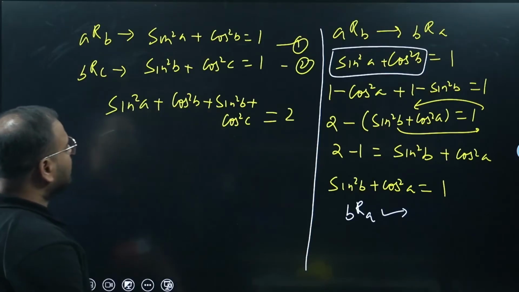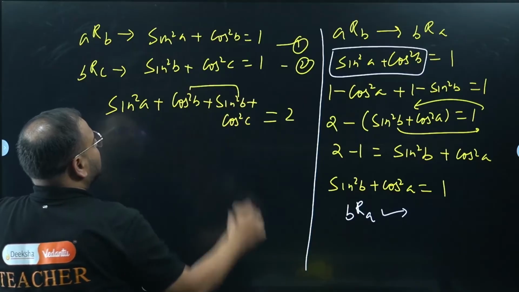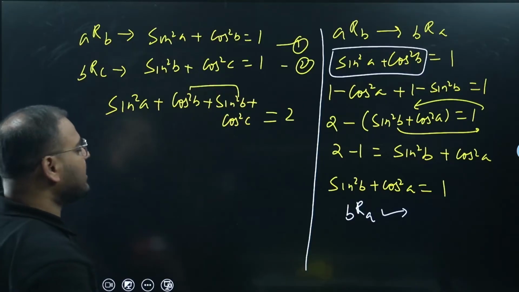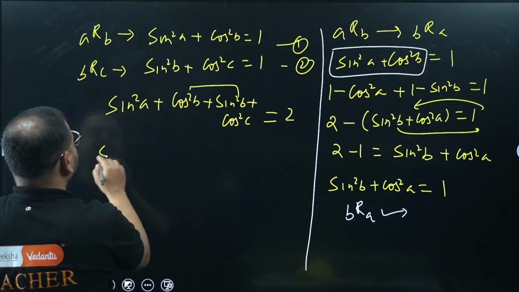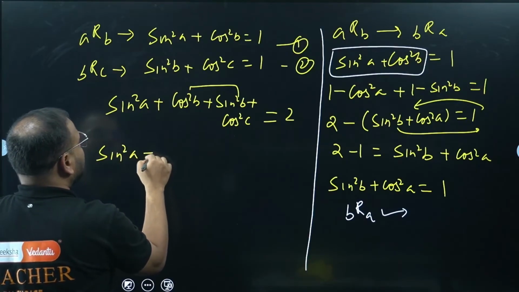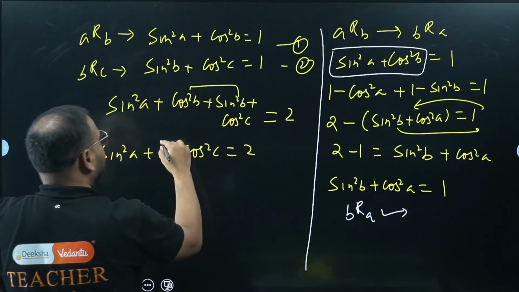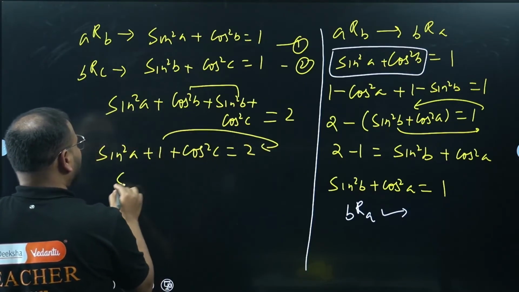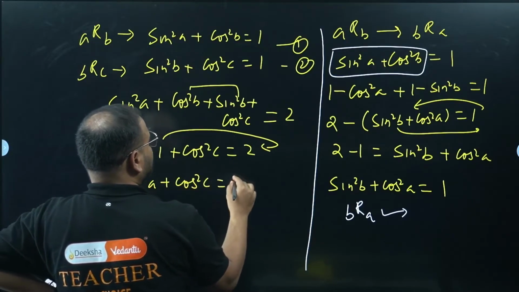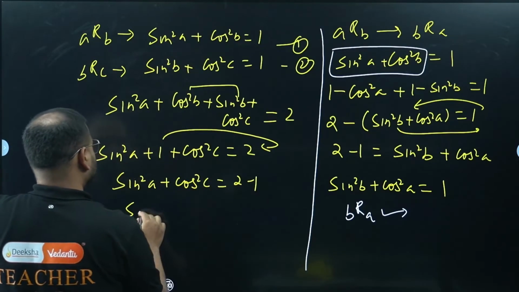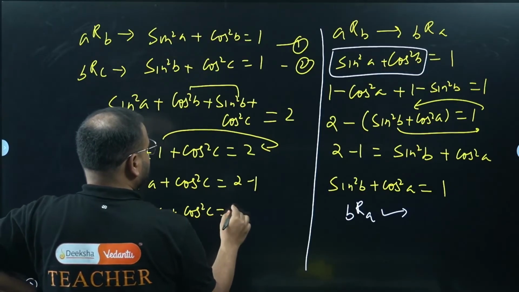Now club cos square B plus sin square B, which is 1. So sin square A plus 1 plus cos square C equals 2. Bringing this over, sin square A plus cos square C equals 2 minus 1, which is 1.